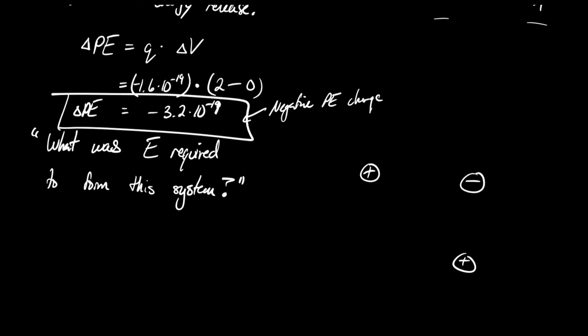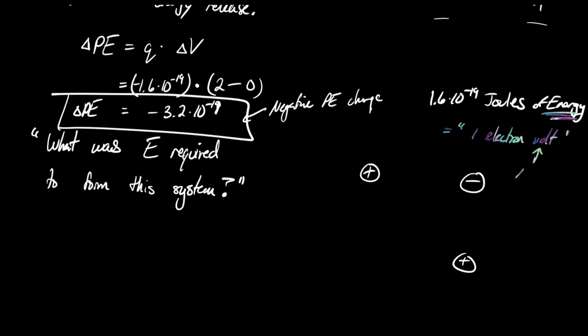And a final comment is that 1.6 times 10 to the negative 19th joules of energy, and I'll underline energy, is called 1 electron-volt. This is not volts. It's not 1.6 times 10 to the negative 19th volts.